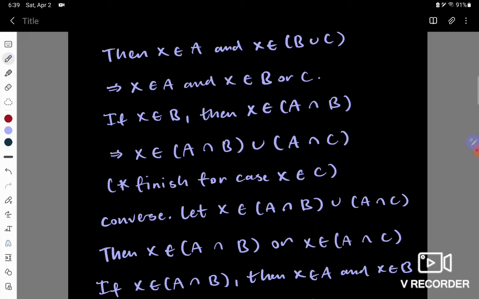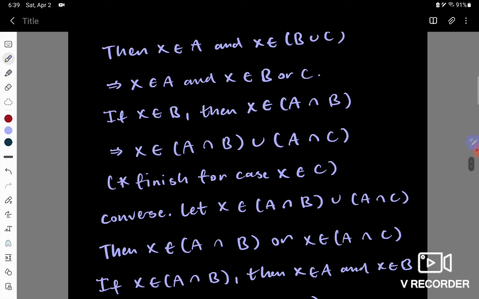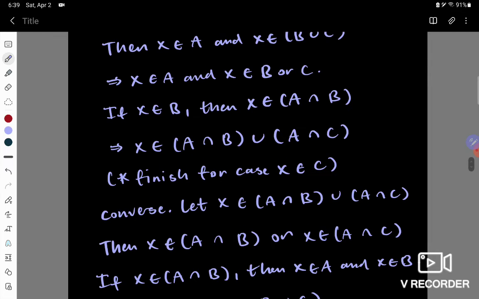So x is in A intersection B, or x is in A intersection C. We once again split this in cases based on this 'or' over here. Either it's contained in this left-hand side or it's contained in the right-hand side. And it could be both, of course, like the last one, but those are covered by each.